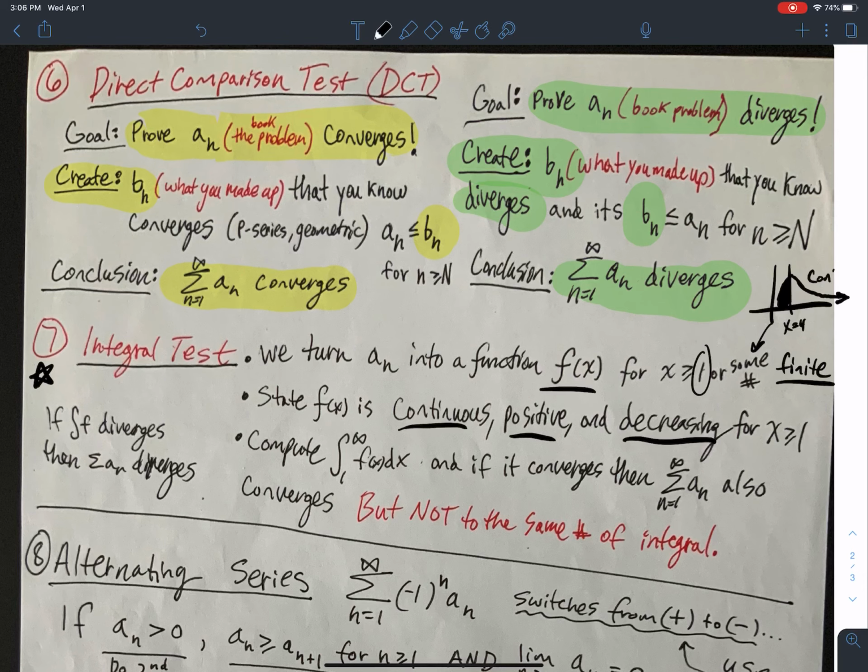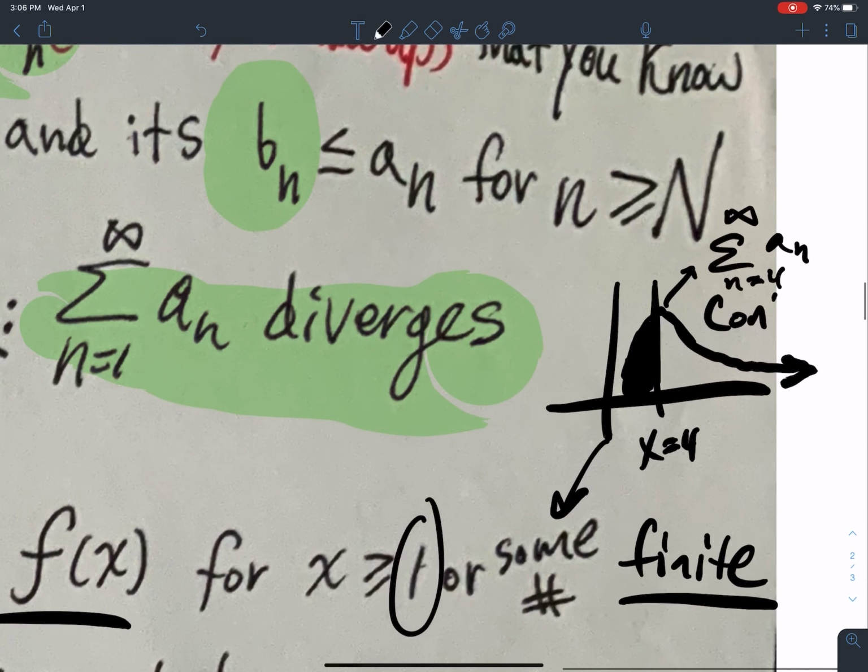Because what you can do is consider the infinite series starting from this point, so maybe n equal to 4 to infinity of whatever your a_n is. And then all of these before, that would just be n equal to 3, n equal to 2, n equal to 1.